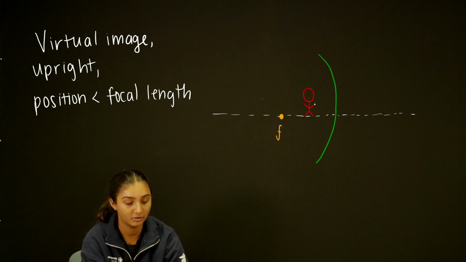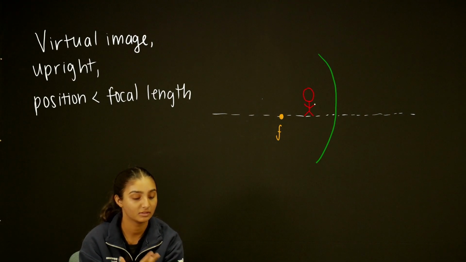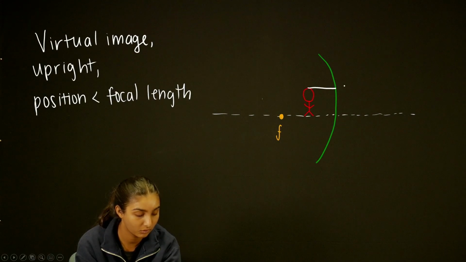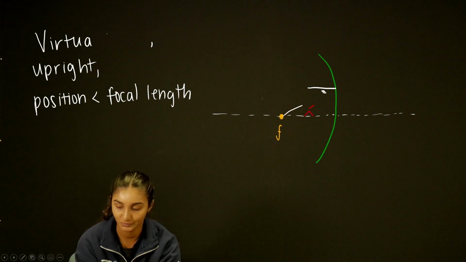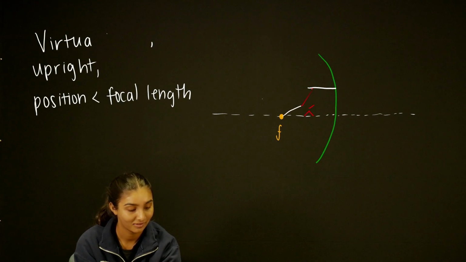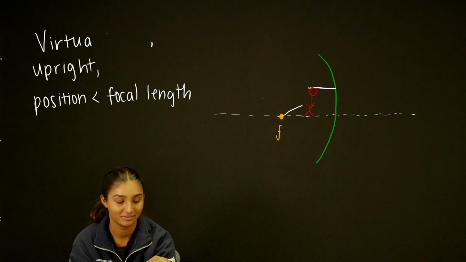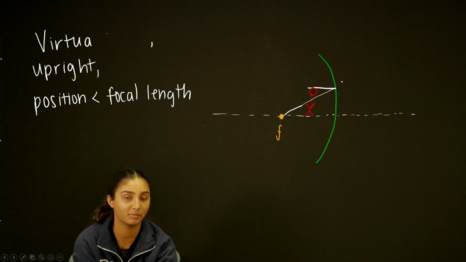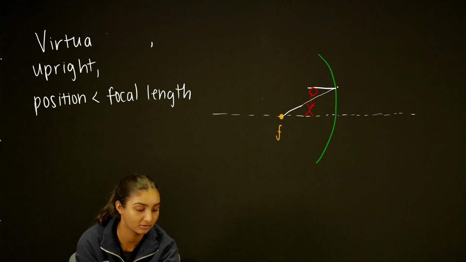So similar tips for the rays. The parallel lines go through the focal point, so it's going to reflect through. Our guy's head, so it's going to go through. And because it's a virtual image, we're going to extend it to the other side.